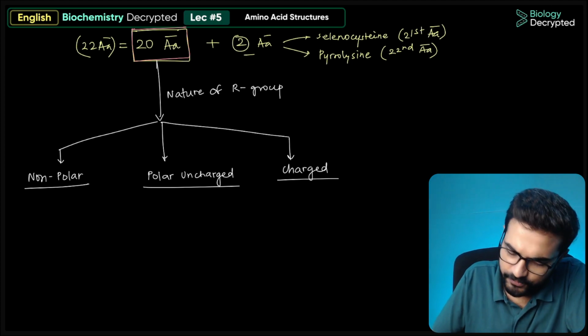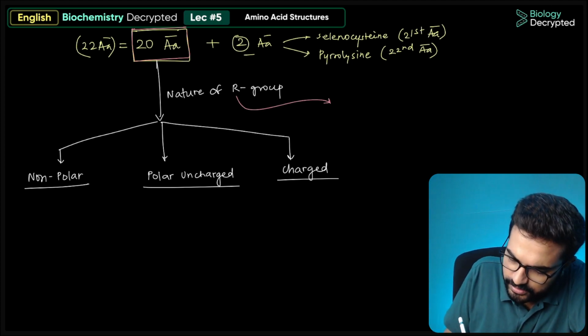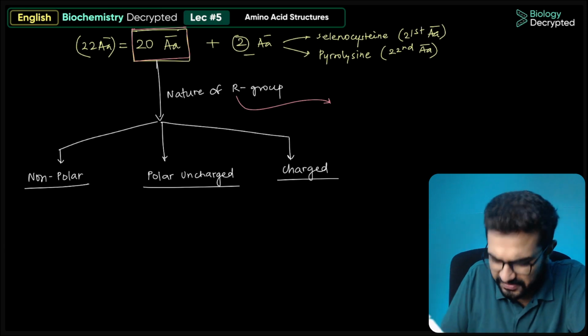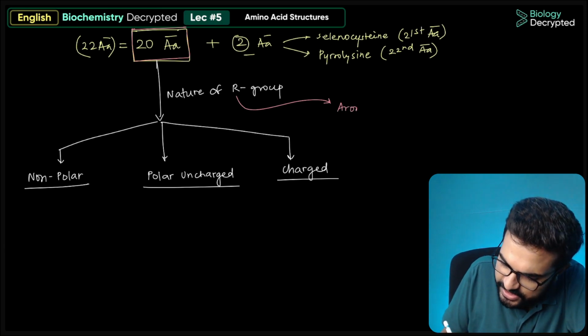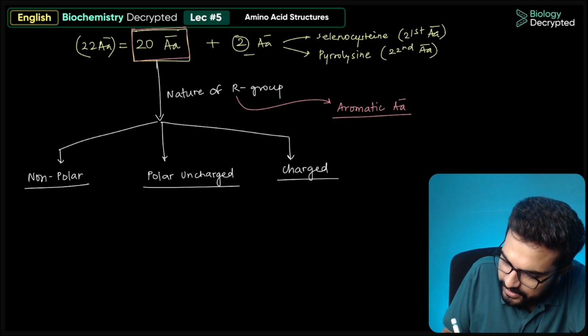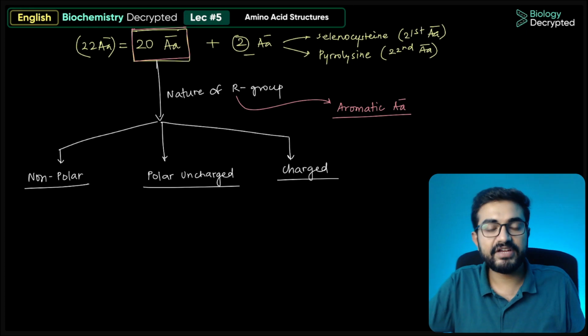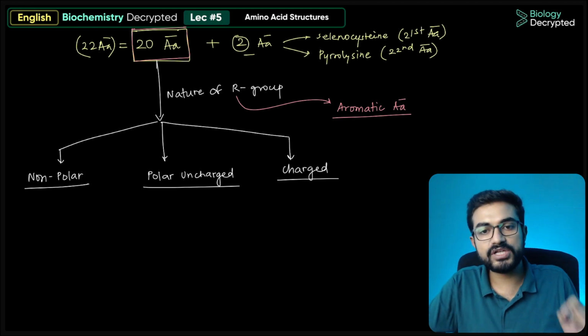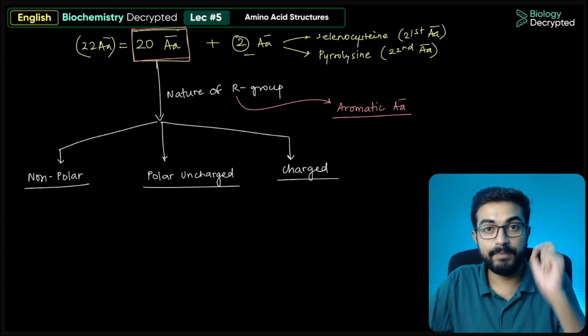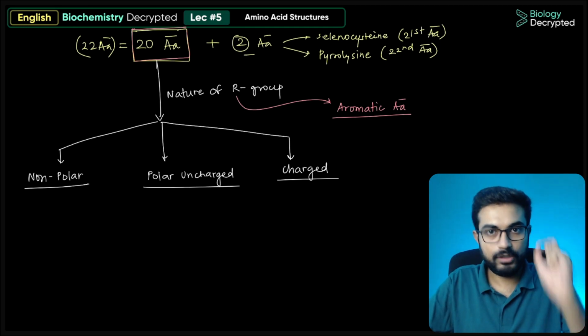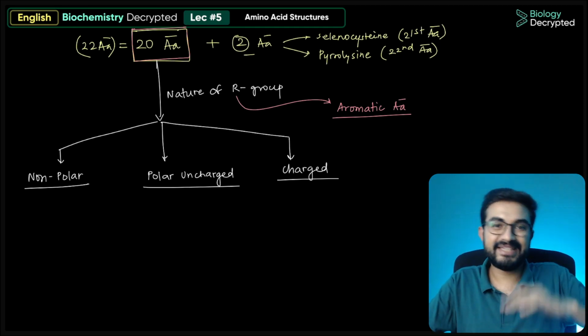Also, if we try to denote a classification differently, we can have a classification of all aromatic amino acids. Now, I will be writing certain one-letter codes. These are very important. From now onwards, we will be denoting amino acids by their one-letter codes. We'll also learn about three-letter codes.